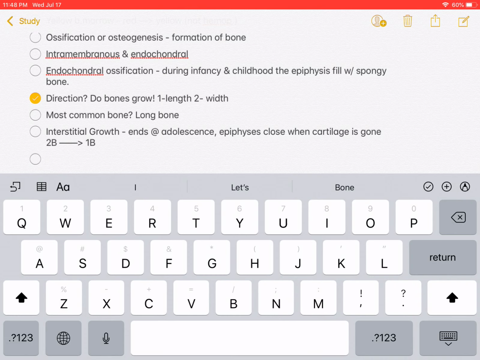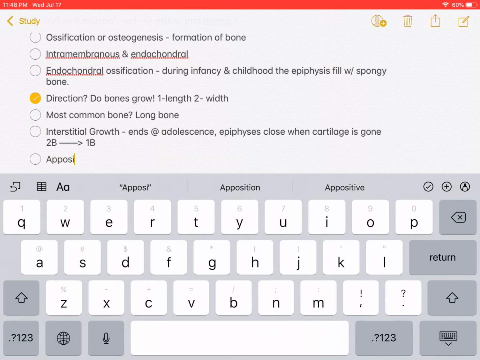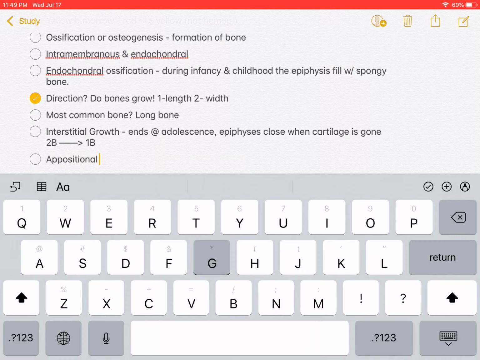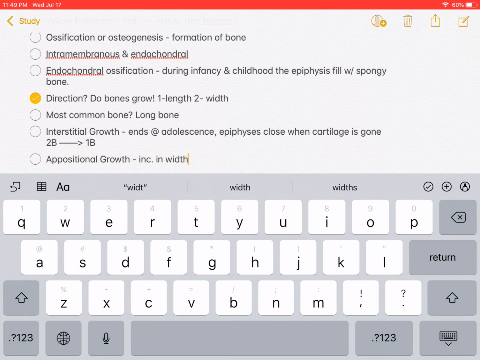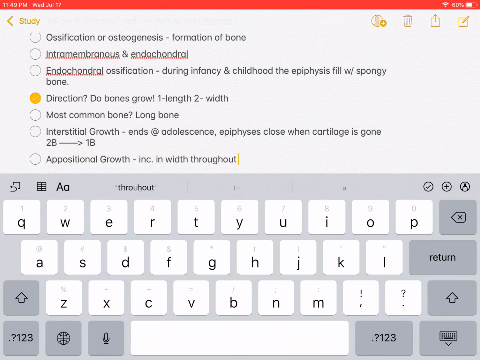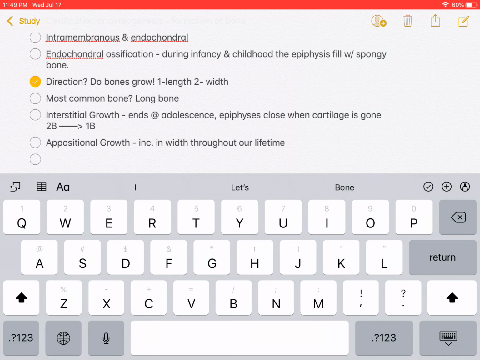The second one would be appositional growth. Appositional growth is quite the opposite, pretty much that other direction we haven't covered yet. It's an increase in width throughout life, throughout our lifetime. Our bones never stop growing, really, especially when we consider Wolff's law of the bone.